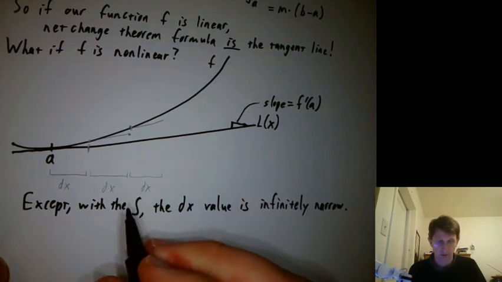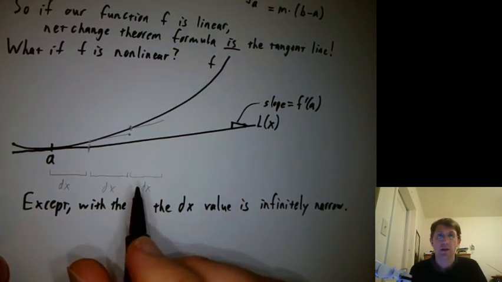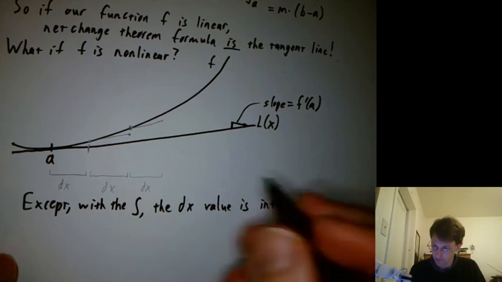So the net change theorem is adding up a whole bunch of tangent line type changes.